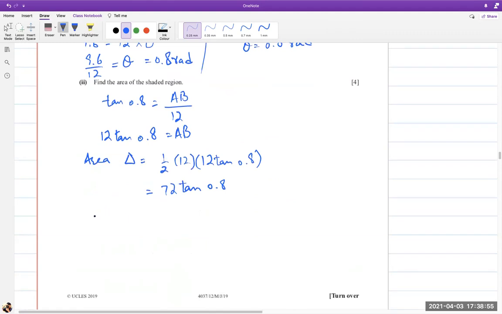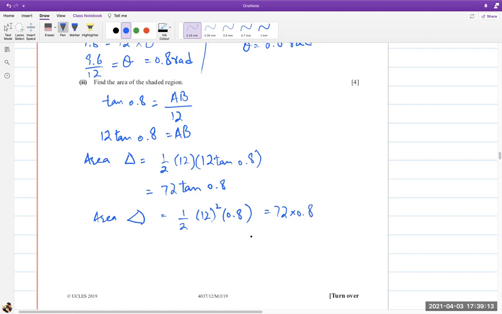So I'm going to do that. Area of the sector is going to be half r squared theta. So that is half times 12 squared times 0.8. That's going to be 72 times 0.8, whatever that is.